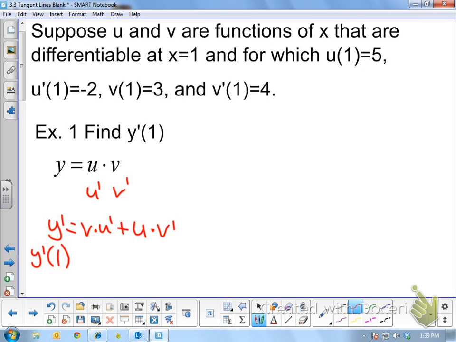Do we know what v of 1 is? Yes. Do we know what u prime of 1 is? Yes. We just have to plug it in everywhere.